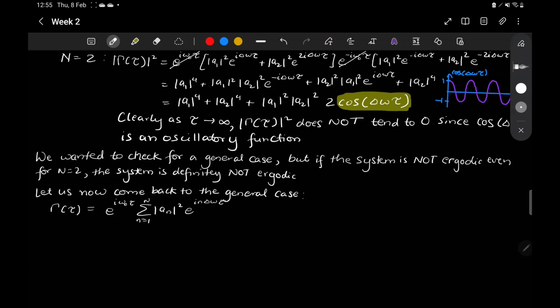Just rewriting the expression. So now let us look at mod gamma tau squared. Now this will have n squared terms.